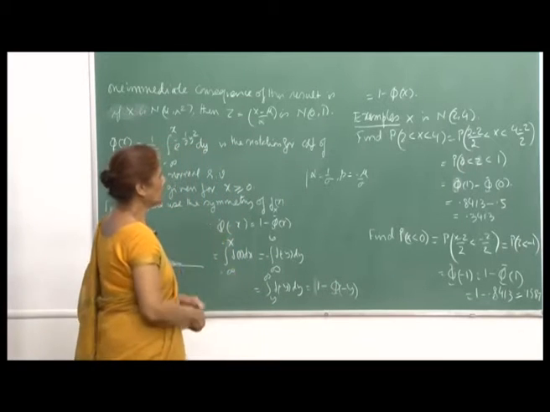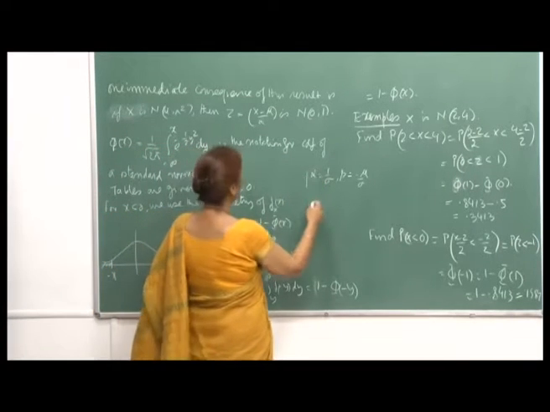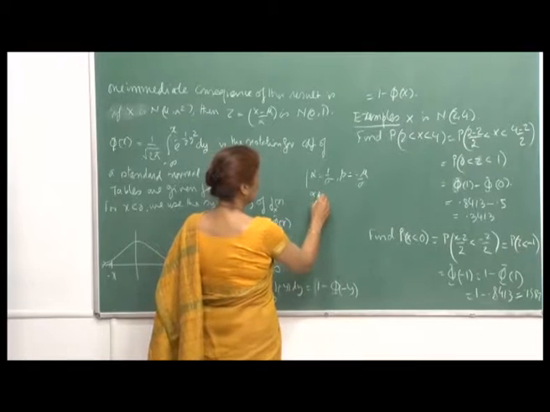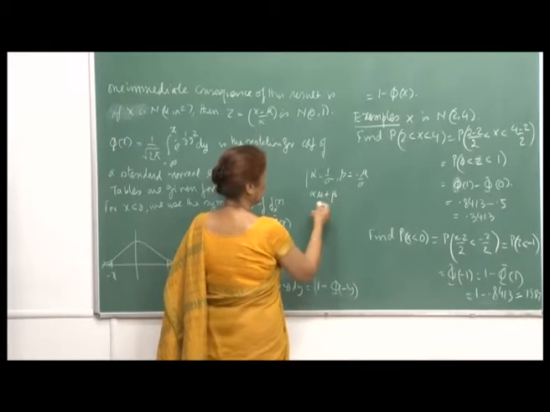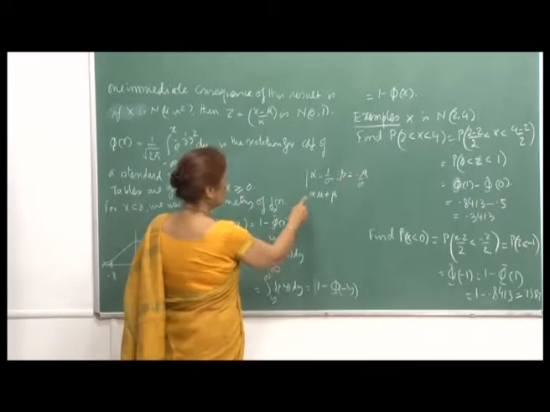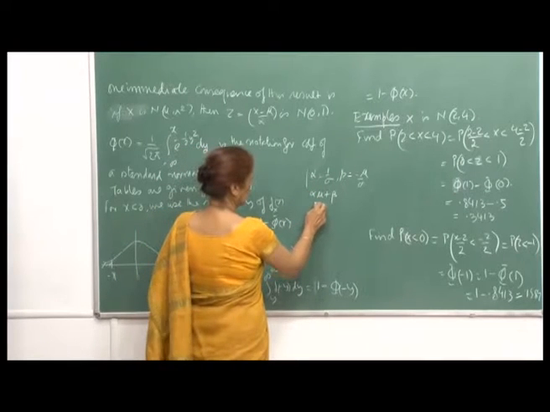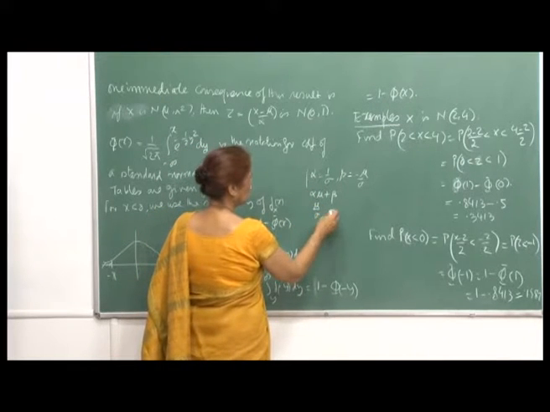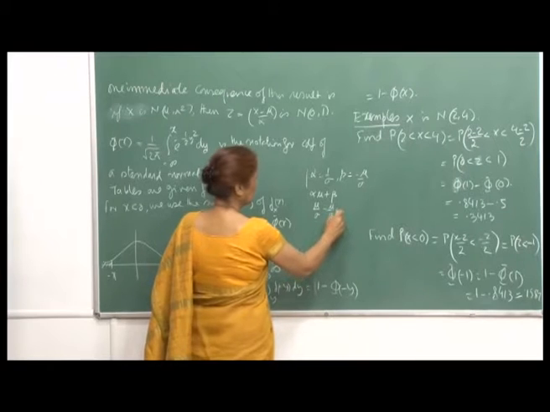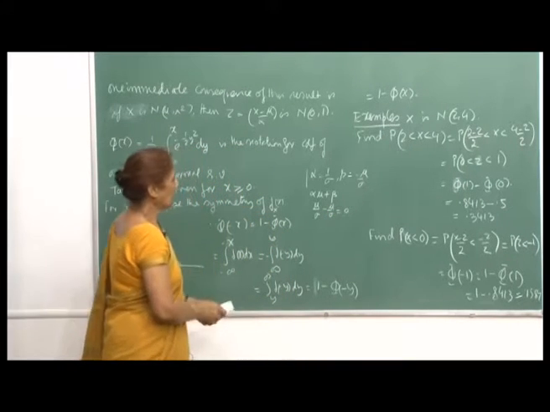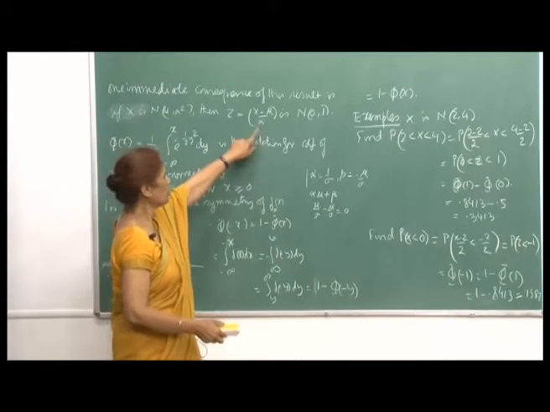So, now if you substitute, because we said that the mean will become alpha mu plus beta, here it will become mu by sigma minus mu by sigma. So, this is 0, right. And similarly, you can show that the variance will be 1.